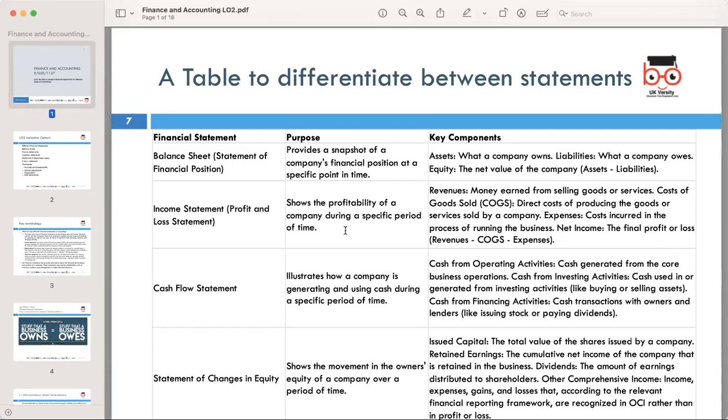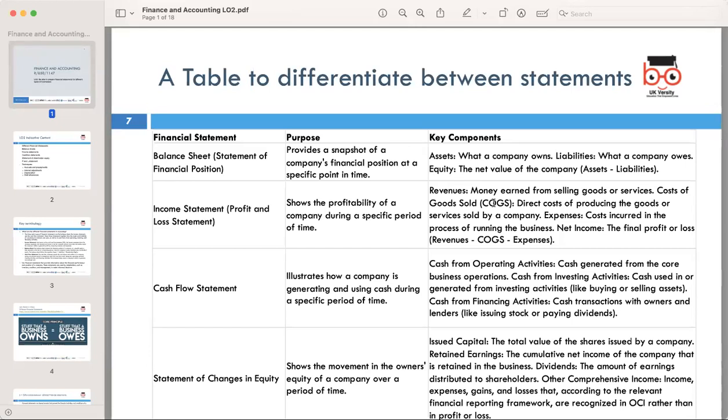So revenue refers to the money earned from selling goods or services. Cost of goods sold, or COGS, are the direct costs associated with producing the goods or services sold by the company. Then expenses are the costs incurred in running the business, such as salaries, rent, or marketing expenses.